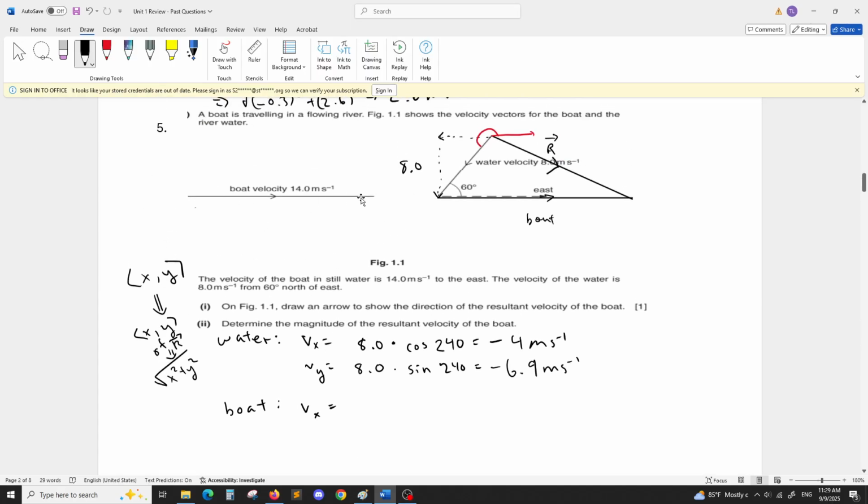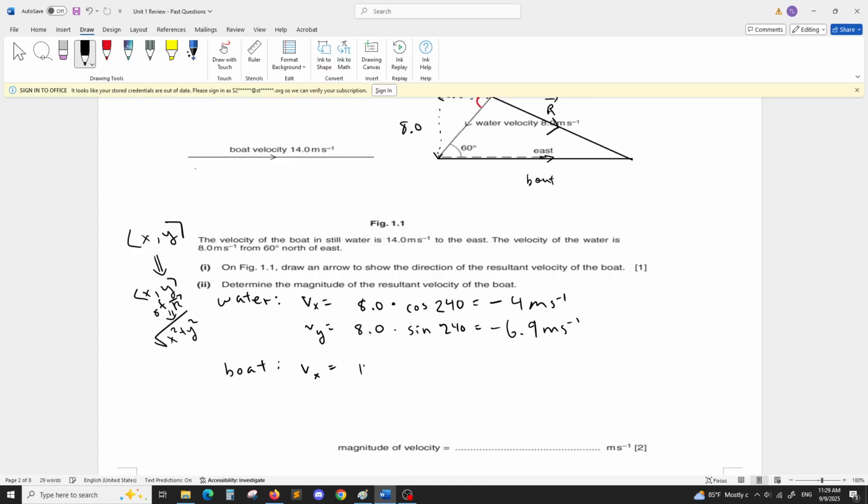And we know that the boat is going right, so we can just say it's 14 meters per second. And there is no y component. So then we have our x components and our y components, and we just add up our x and y. So our vx final, I don't really know how to notate it, but it should be negative 4 plus 14, which is equal to 10, and then vyf is equal to negative 6.9.